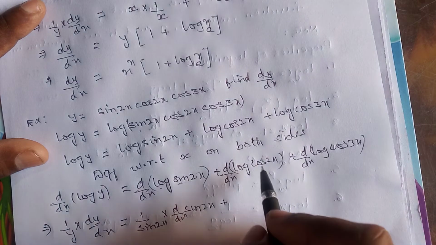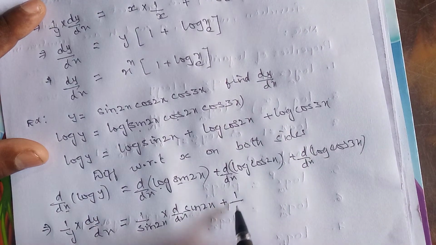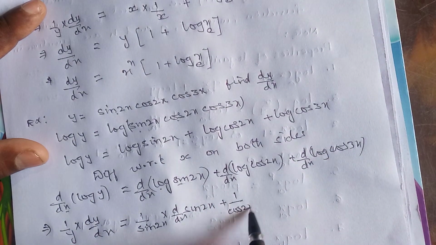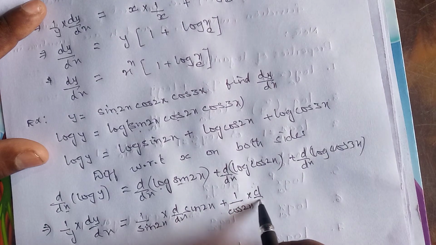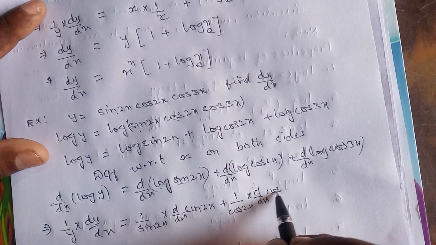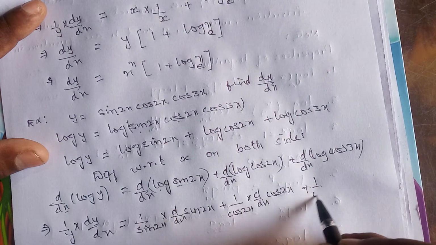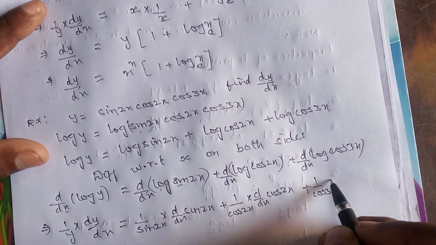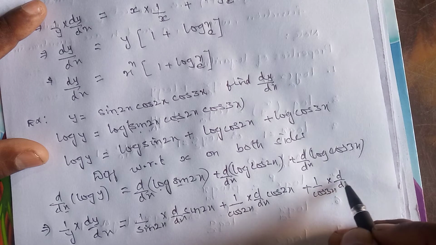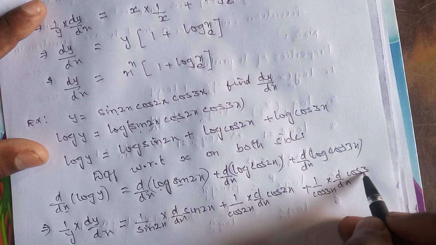Similarly 1 by cos 2x, again d by dx of cos 2x, and 1 by cos 3x, and d by dx of cos 3x.